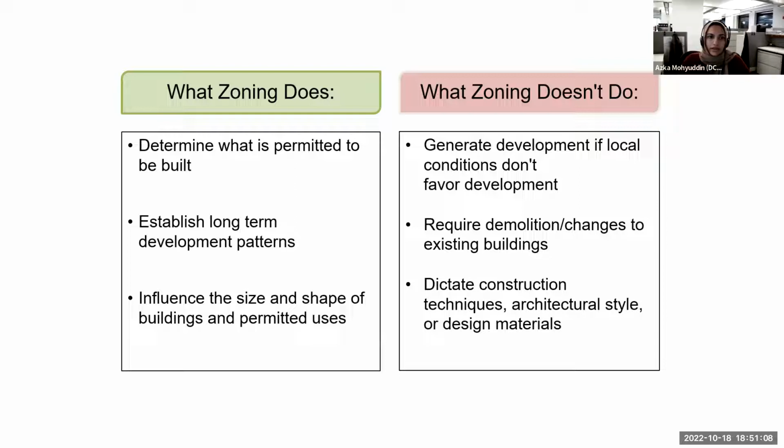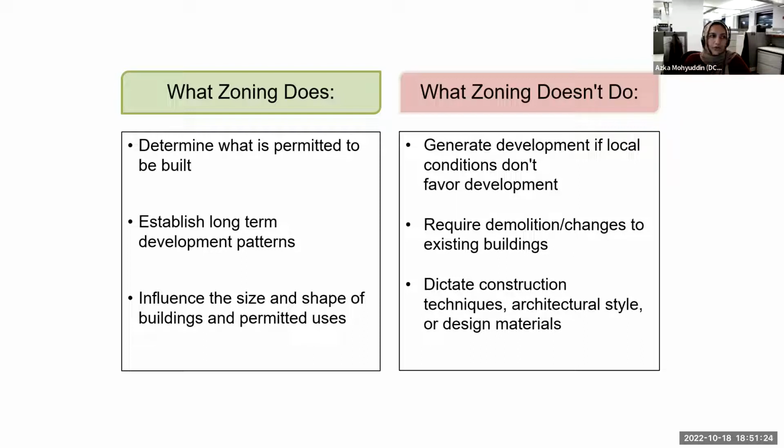It can influence the size and shape of buildings and permitted uses, but it can't dictate construction techniques, architectural styles, or design materials. It also can't require the demolition or changes of existing buildings.